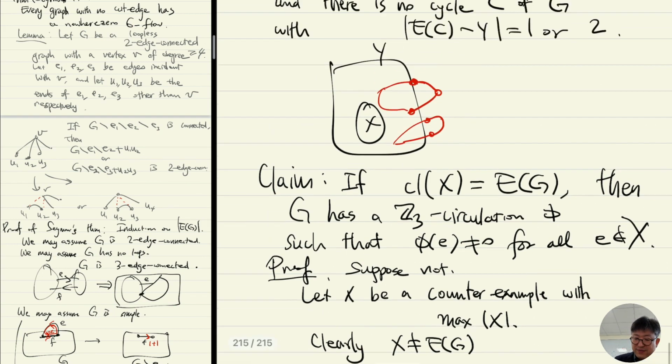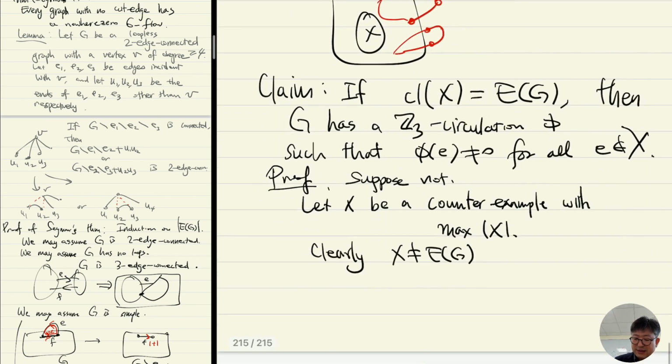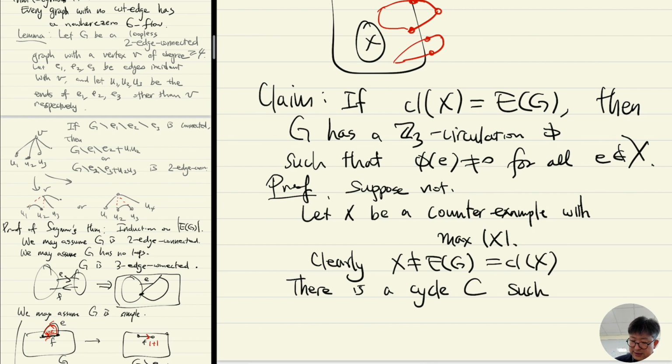And by the definition of closure, X itself is not the closure of X, so there is a cycle C such that |E(C) minus X| is 1 or 2.